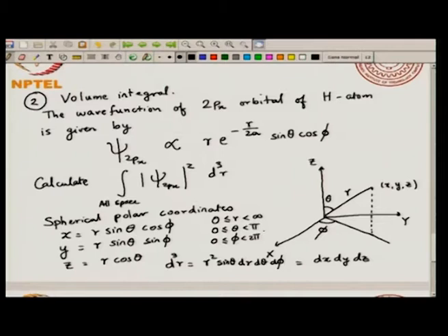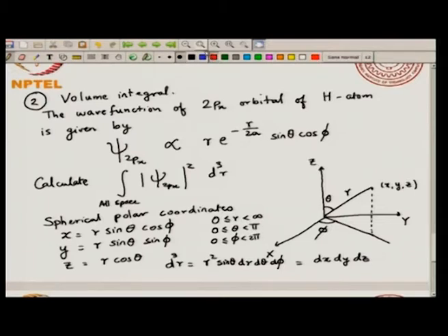If you want to span the entire space, these are the allowed values of r, theta and phi in spherical polar coordinates. As r goes to infinity, you go further and further from the origin. So, with this information we can go ahead and calculate this integral.